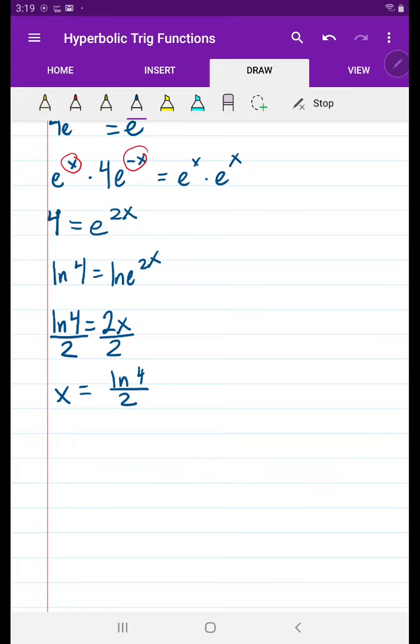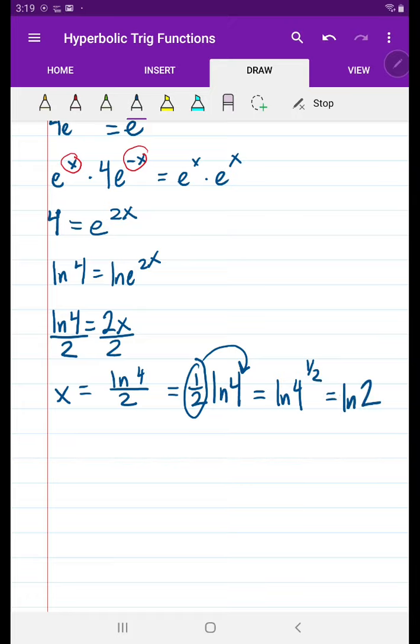Then we can take this one step further. This is the same thing as 1/2 natural log of 4, and if you have a coefficient in front of a natural log, that can turn into an exponent, so this turns into the natural log of 4 to the 1/2, and that's 2, right?